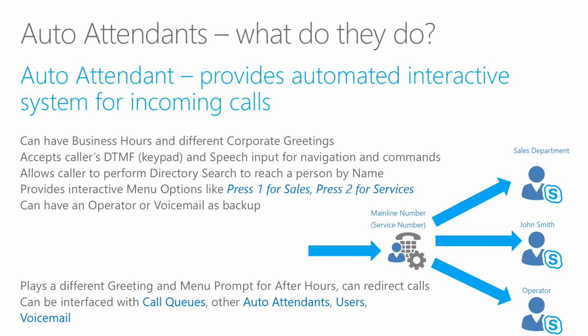At that point, you make a choice and you get redirected to that specific department or person. You can interface this with either a call queue like the entire sales department or auto attendants, for instance, the sales department auto attendants, specific users, or direct to voicemail.